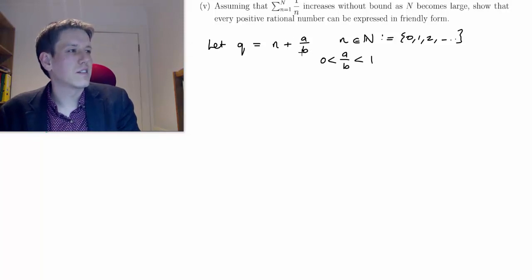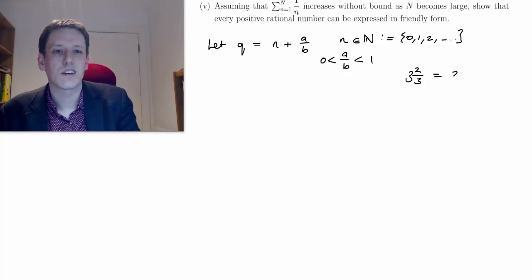So if I've got a rational number, like let's say 3 2/3, I'm writing it effectively as 3 plus 2/3.